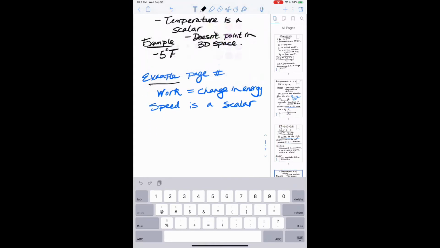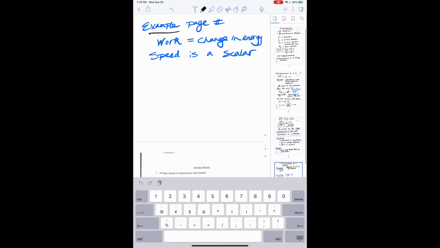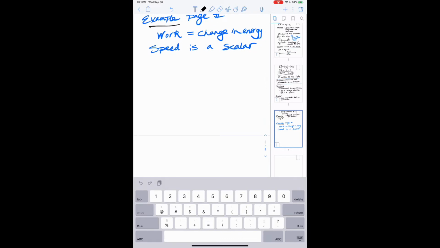Let's go a little further here, and let me add one more page in. Just to make sure I have enough room. So in this class, we're going to add on to displacement and distance. We have distance as a scalar, displacement as a vector, but then we can make them both rates.